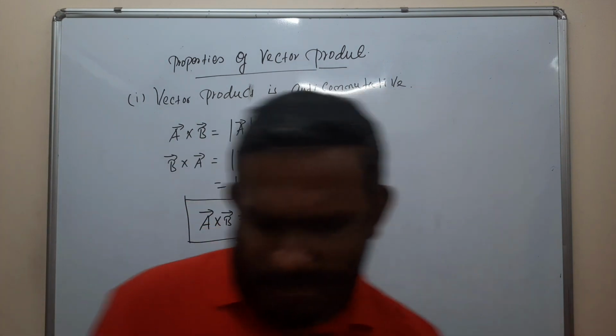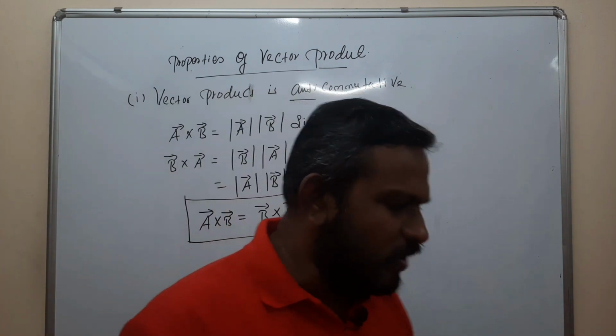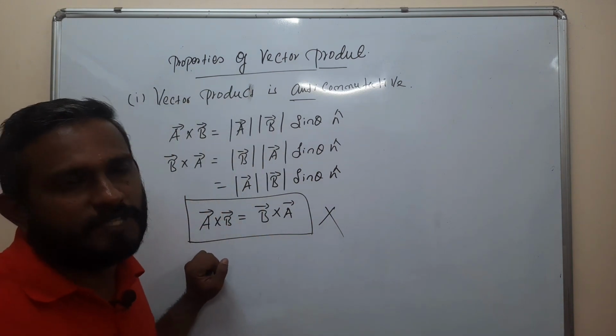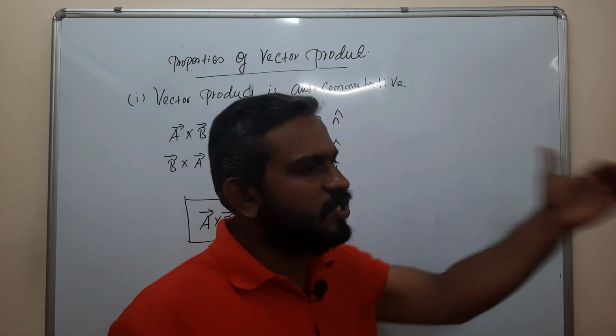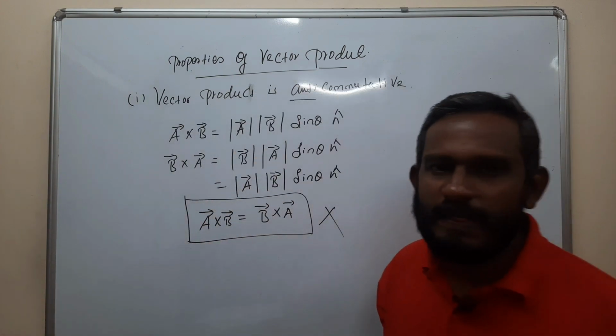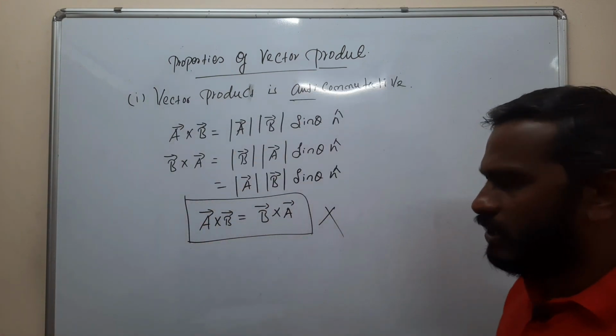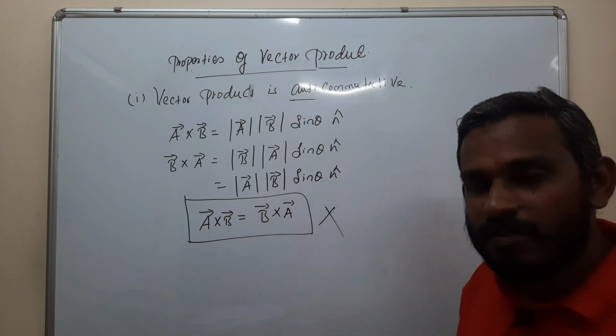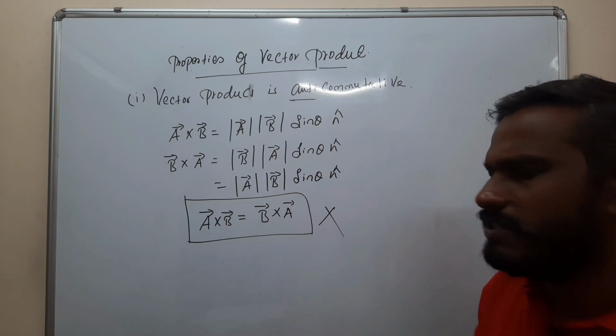Regarding vector quantities, one quantity is equal to another vector quantity only if both magnitude and direction are the same. Otherwise we can't say so.